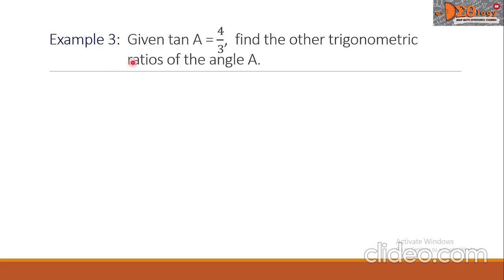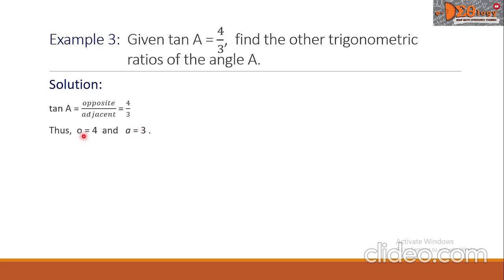Example 3. Given tangent A equals 4 over 3. Find the other trigonometric ratios of the angle A. We know that tangent A equals opposite over adjacent. In the problem, given is this is equal to 4 over 3.